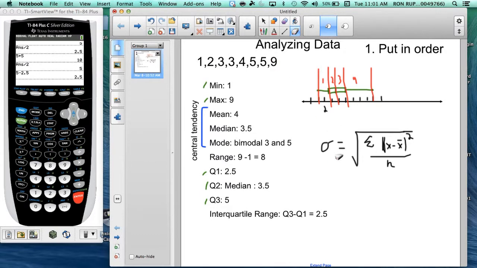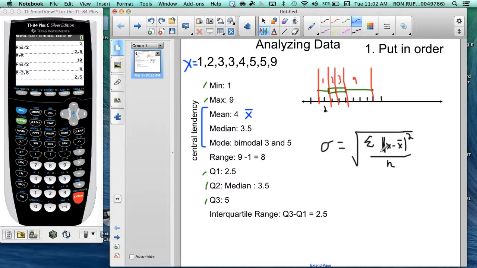So to find the standard deviation, essentially what's happening is we are finding the difference between our values. So these are our values. Let me do that in a different color. Blue. These are our values here. These are our x values. We want to find the difference between our x values and the mean. The mean is your x with a little bar over it.